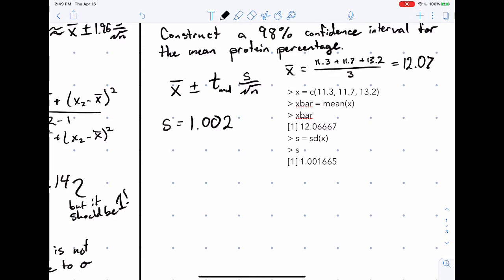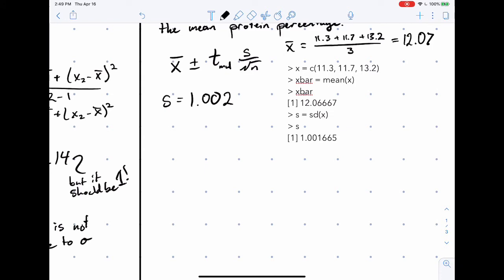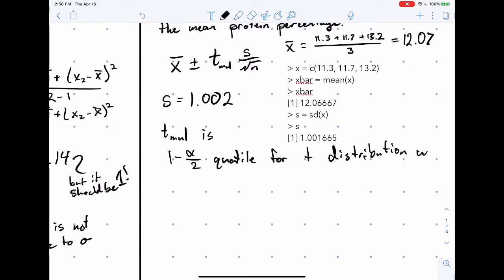Then our t multiplier, t mul. We need to find the 1 minus alpha over 2 quantile. The t multiplier is the 1 minus alpha over 2 quantile for a t distribution with 3 minus 1 equals 2 degrees of freedom.